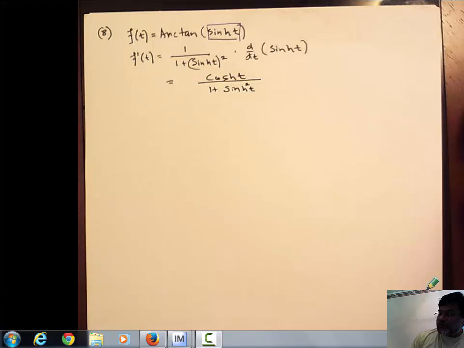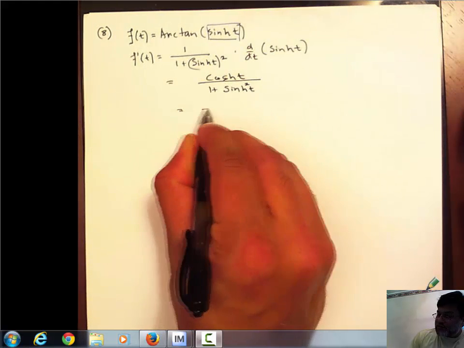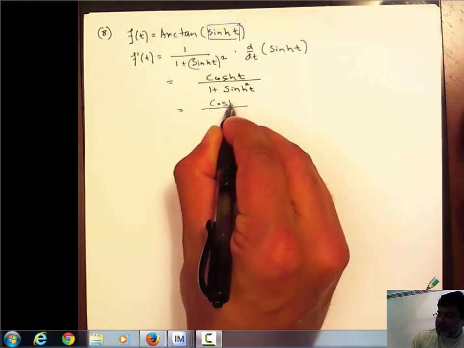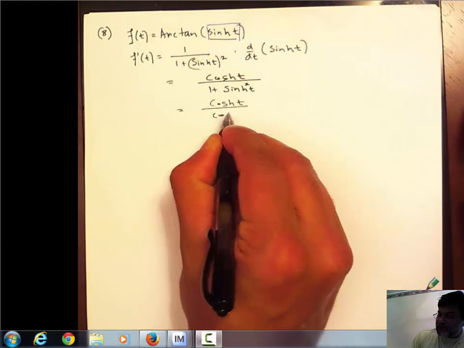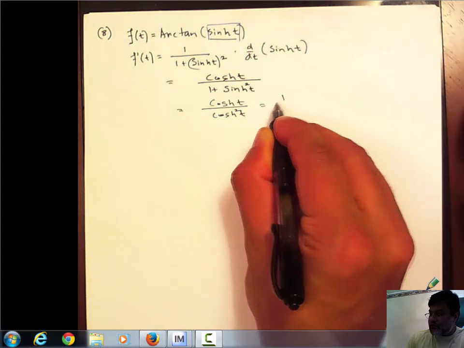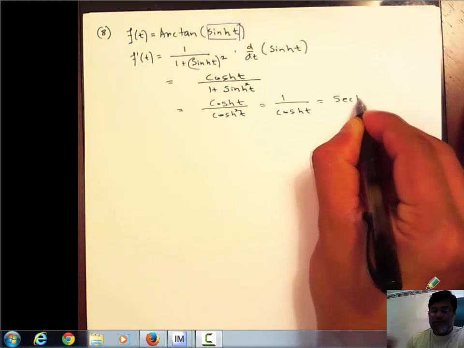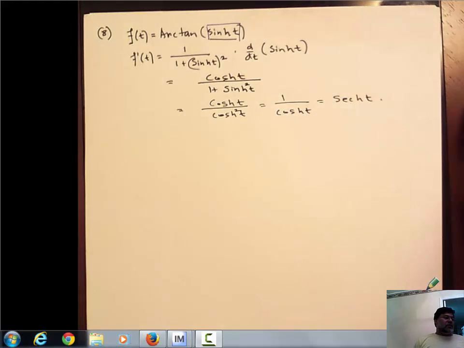Well, no, because by the identity, 1 plus sine hyperbolic squared t is cosine hyperbolic t squared. Right? So this becomes 1 over cosine hyperbolic of t, which is secant hyperbolic of t. Okay? And we can stop right there.